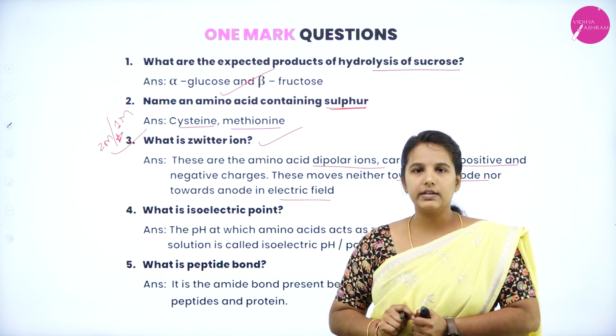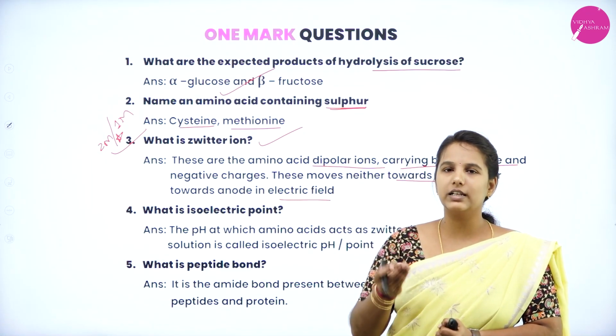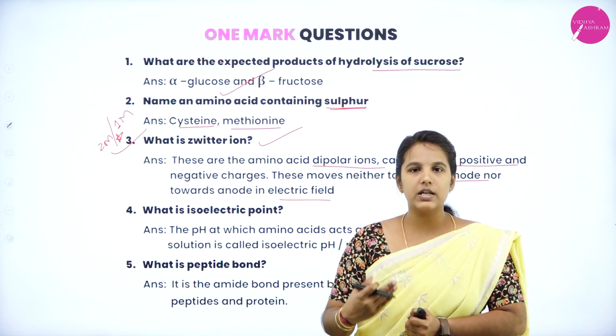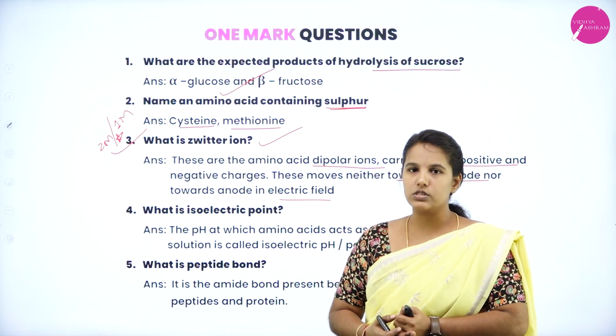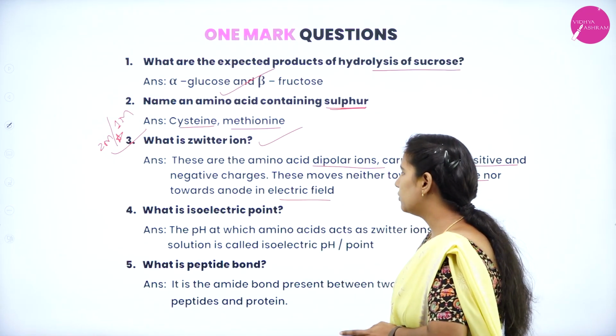So, when you apply the electrical field, these are the amino acids which contain both the positive charge and the negative charge, and it will move towards the respective electrodes. Okay, either it can move towards the anode, or it can move towards the cathode.